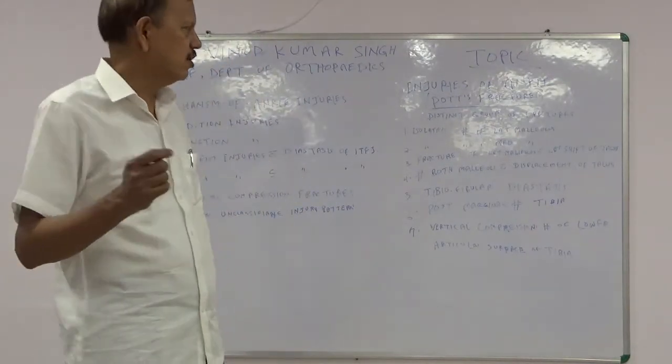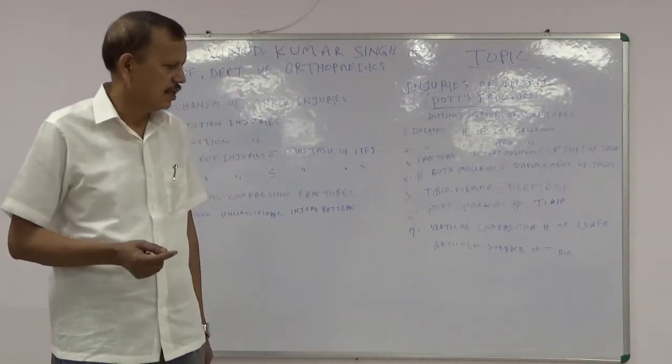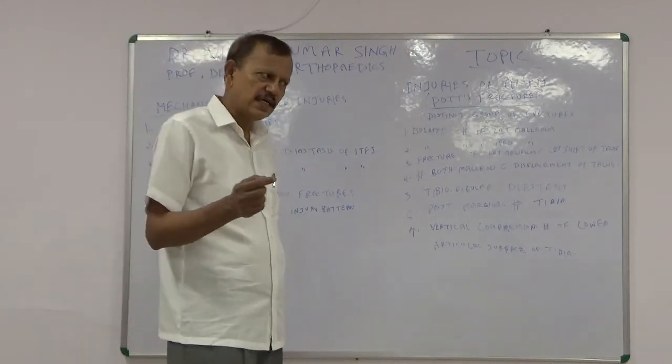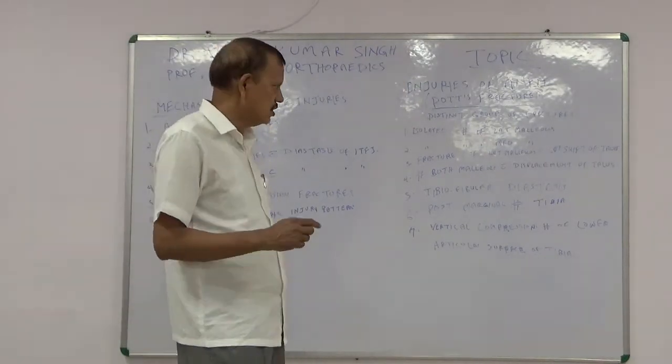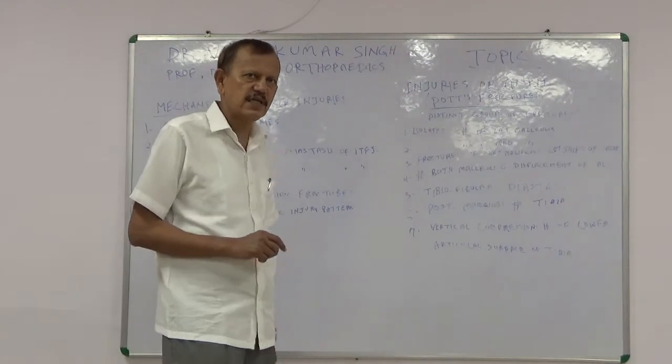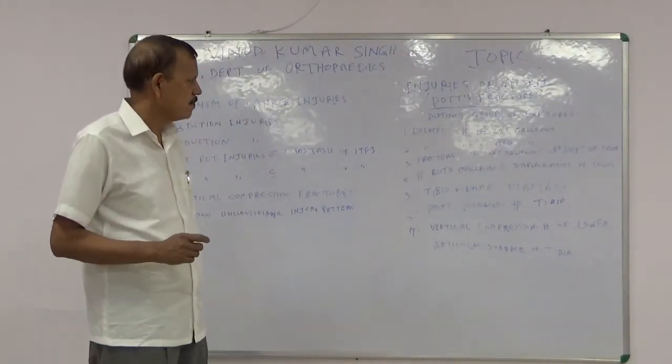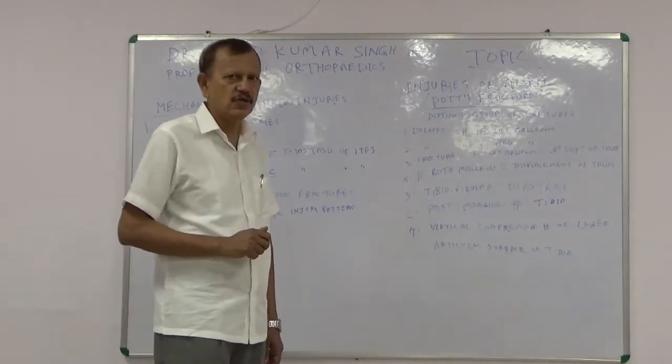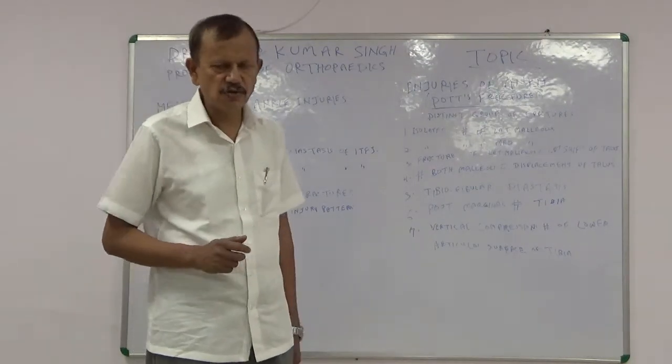A fringe of periosteum from the lower fragment goes into the fracture gap, and this becomes a hindrance to reduction and a hindrance to union.